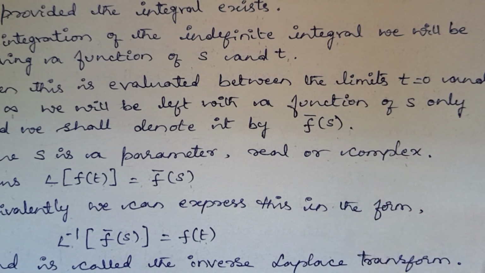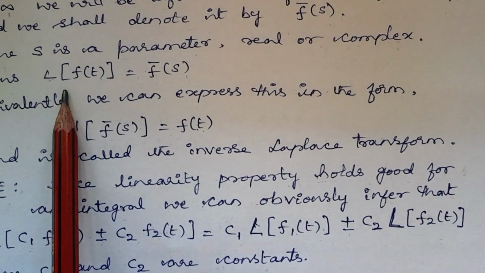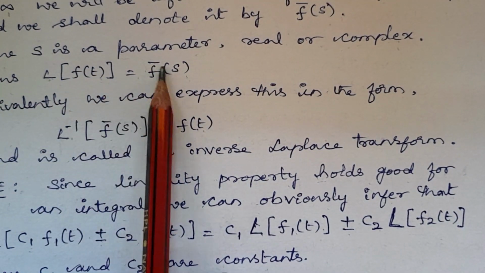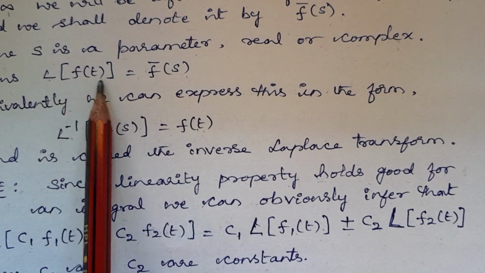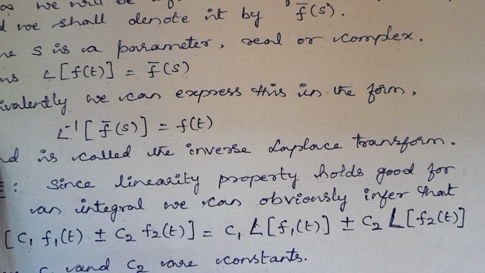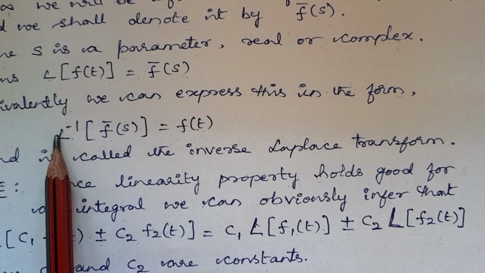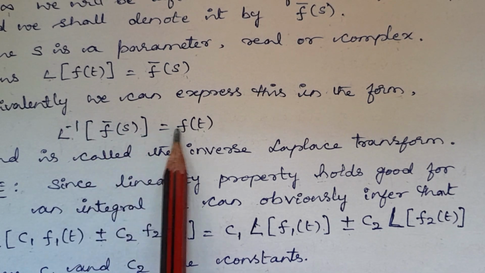So that is nothing but complex. Thus, Laplace transform of f of t equal to f bar of s. We call L of f of t as f bar of s. Equivalently, we can express this in the form L inverse f bar of s equal to f of t.